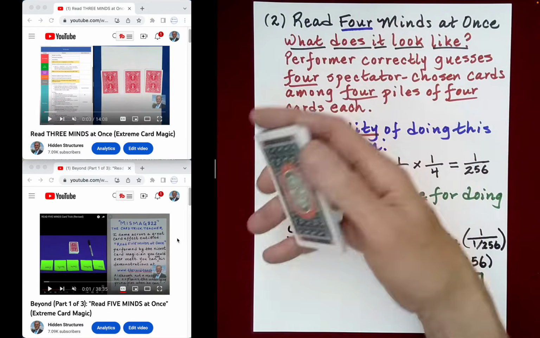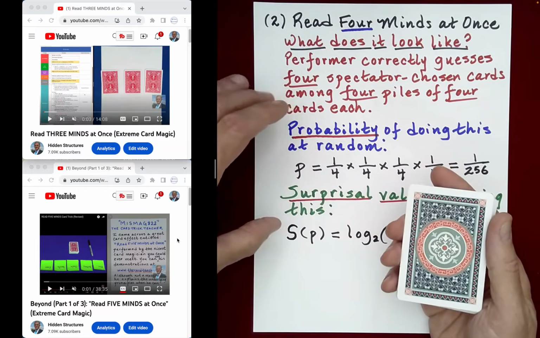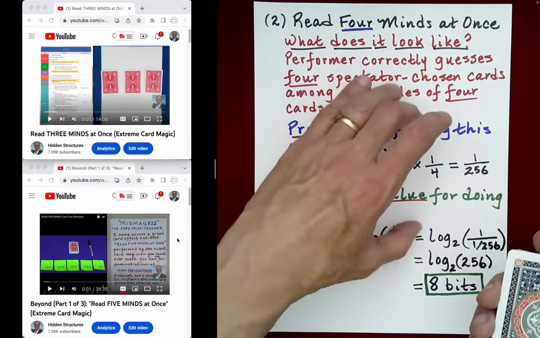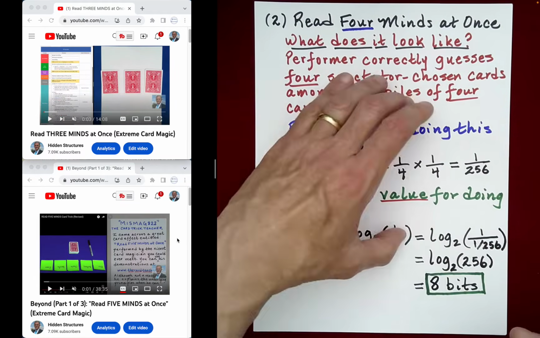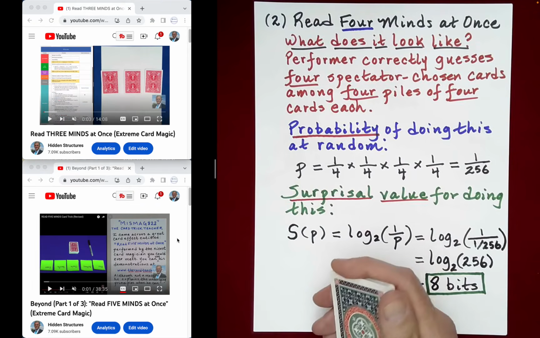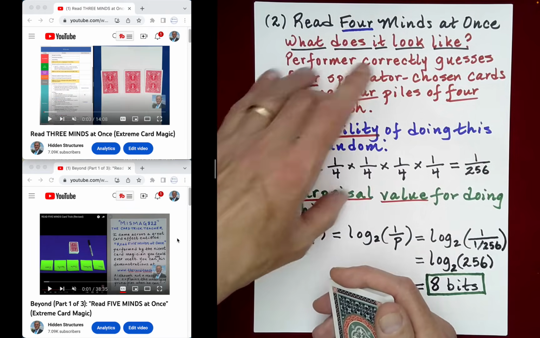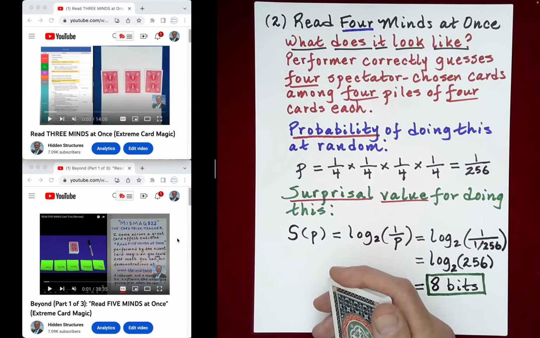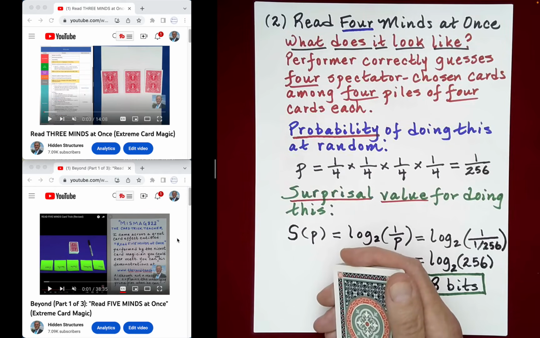And then after all of that is done, the cards are again put out into sets of 4 cards each. And with those cards now face up, you ask the spectator, well, which pile contains your first selection? The moment they tell you which of the 4 piles contains their first selection, you know with certainty what that card must be.